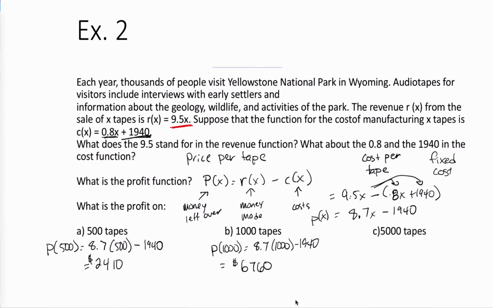And for 5,000 tapes, P of 5,000 equals 8.7 times 5,000 minus 1940, which ends up being a lot: $41,560.